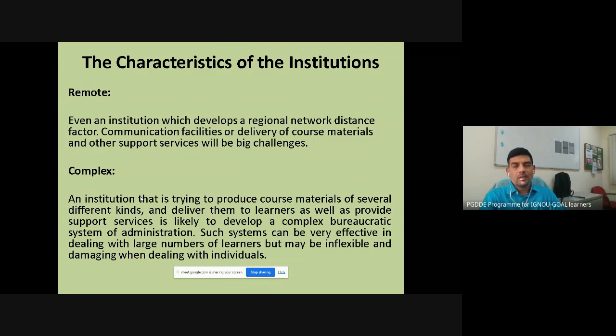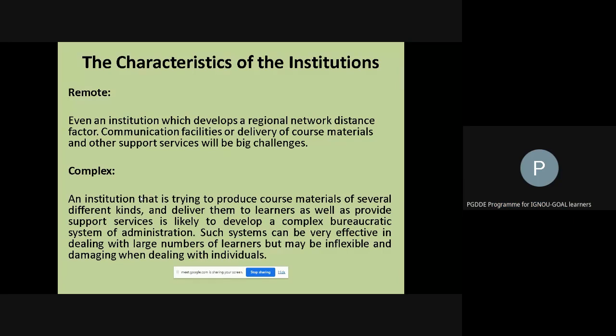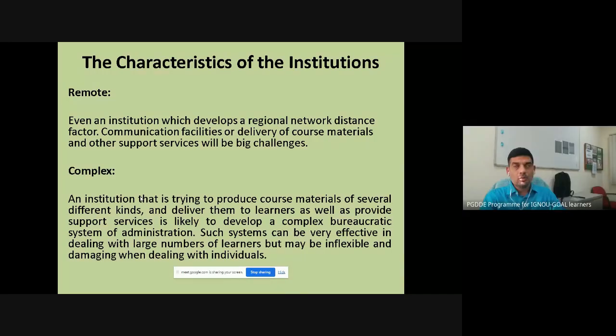And gradually, as we had already discussed, from the postal or correspondence system of education, we have moved through open and distance learning, through audio video support, then material support, then gradually we are trying to blend these services with face to face. And even now we have been trying to include online services and technologies to blend these services and reach the learners.